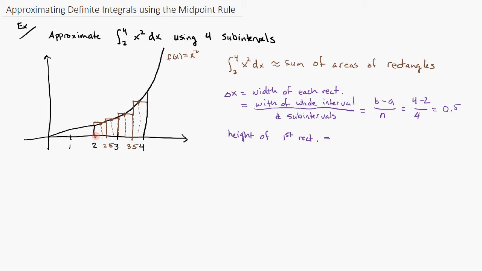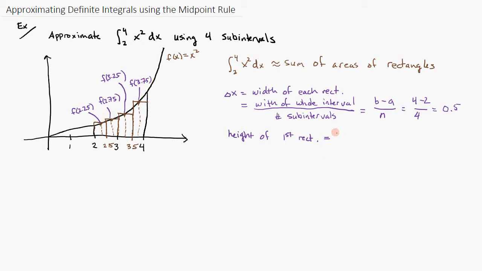The first midpoint is in between 2 and 2.5, so this would be the function value at 2 1/4, so 2.25. Then this is between 2.5 and 3, so that would be the function value at 2.75. Here, this would be the function value at 3.25, and here would be the function value at 3.75. So those are the 4 rectangles.